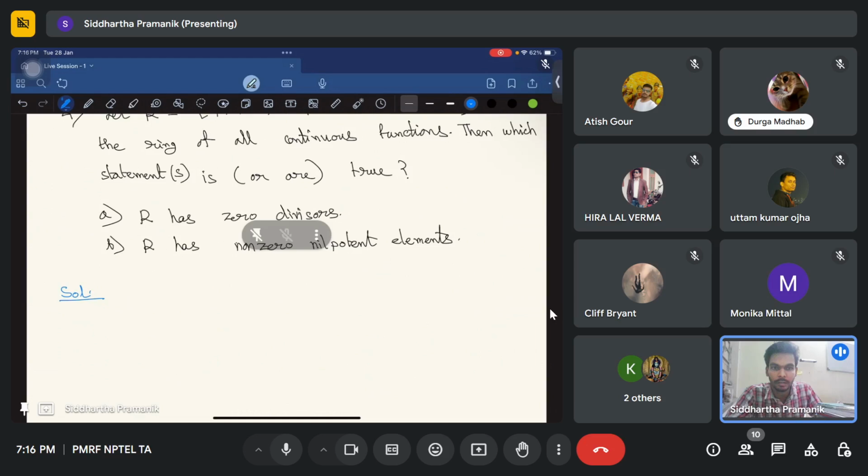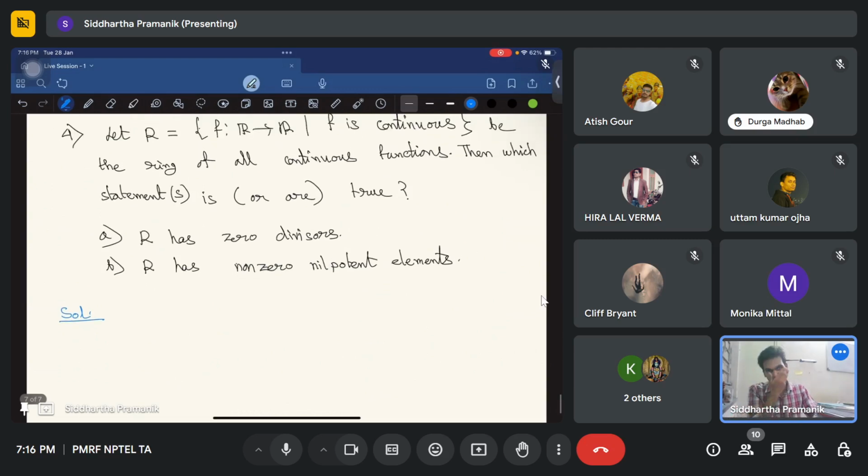Anyone or any guesses? So first, let's talk about zero divisors.